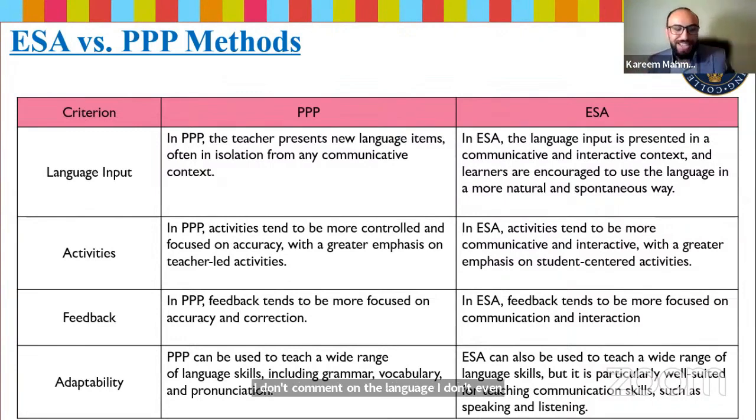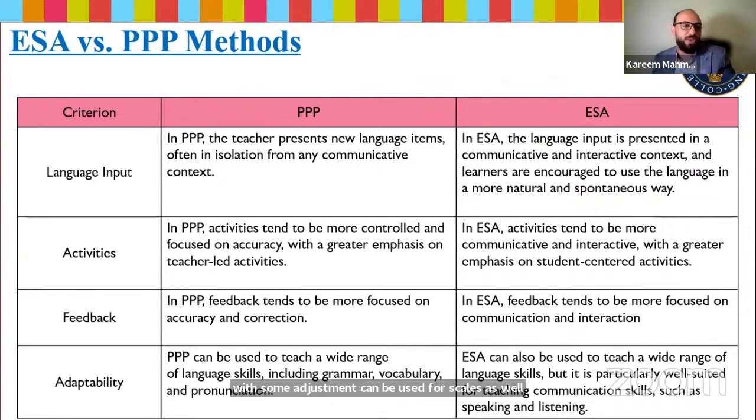No way. So the PPP, as I told you, is used for teaching systems, meaning grammar, pronunciation, discourse, and vocabulary. With some adjustment, it can be used for skills as well.